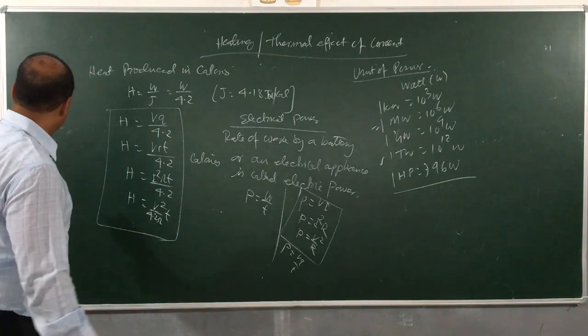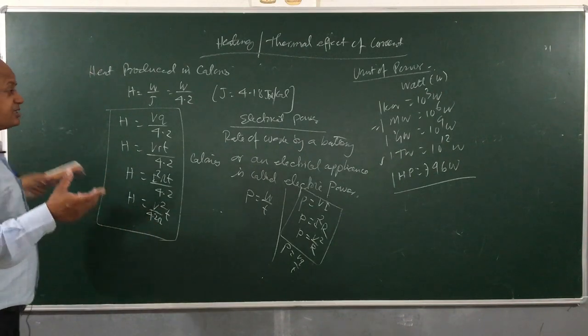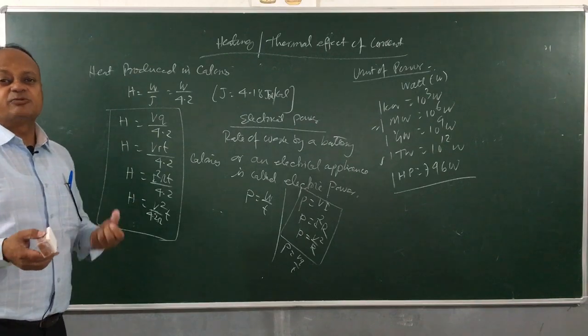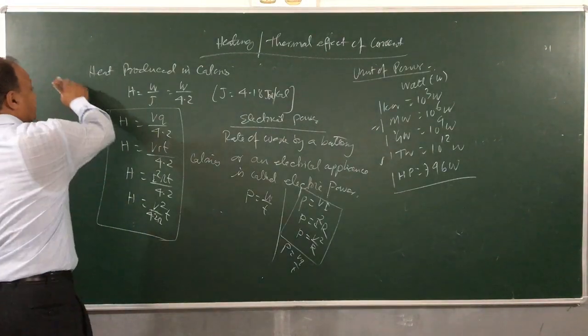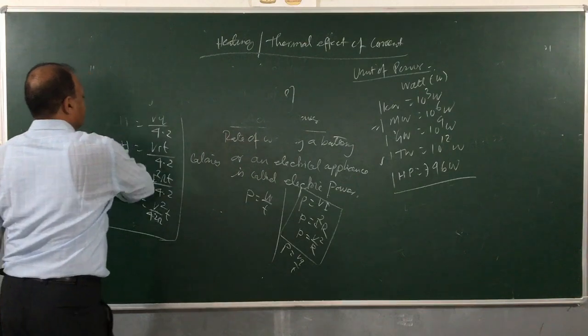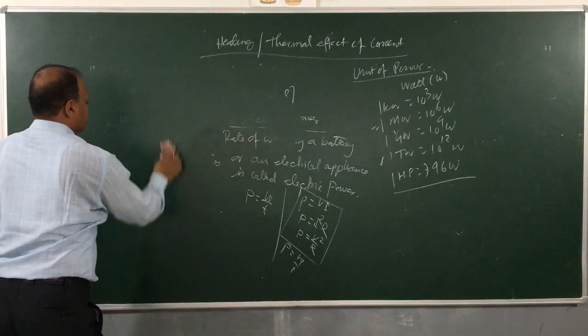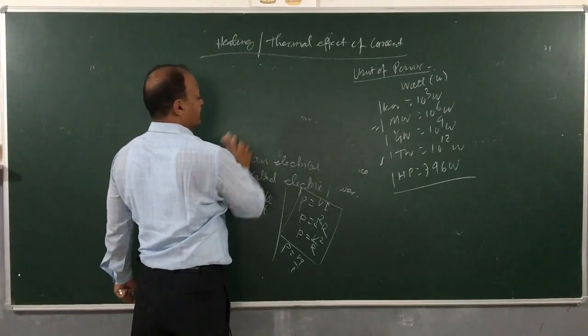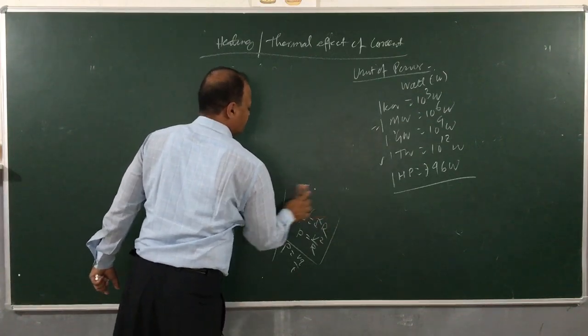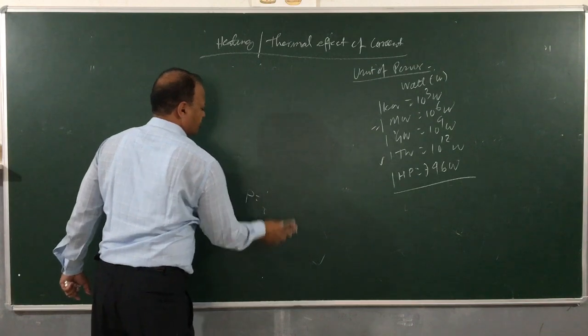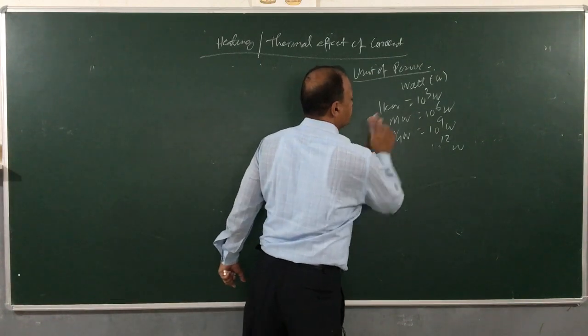You have seen in a house, you have installed 1 meter. The electricity department installs 1 meter to measure how much of electricity have you used, and the electricity is measured in terms of commercial unit of electricity. Okay. So we will just finish what will be the commercial units of electricity.